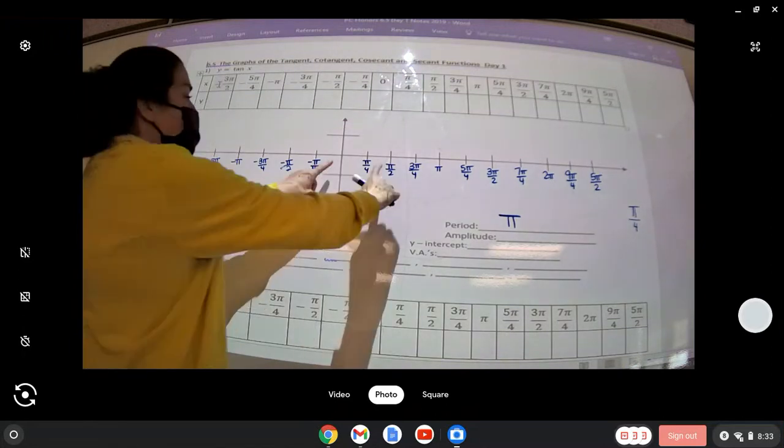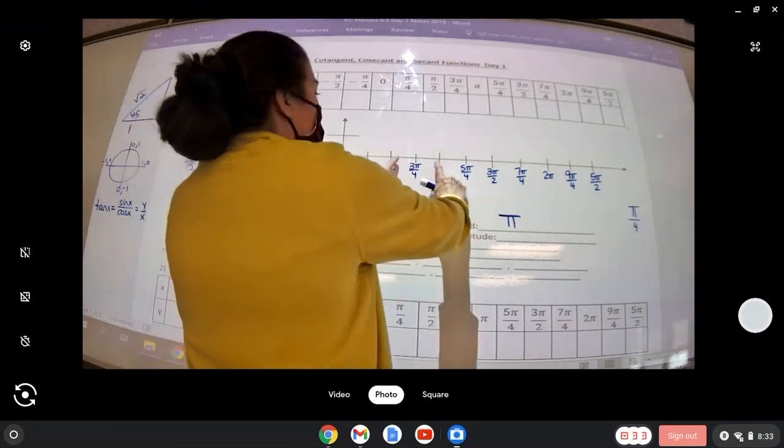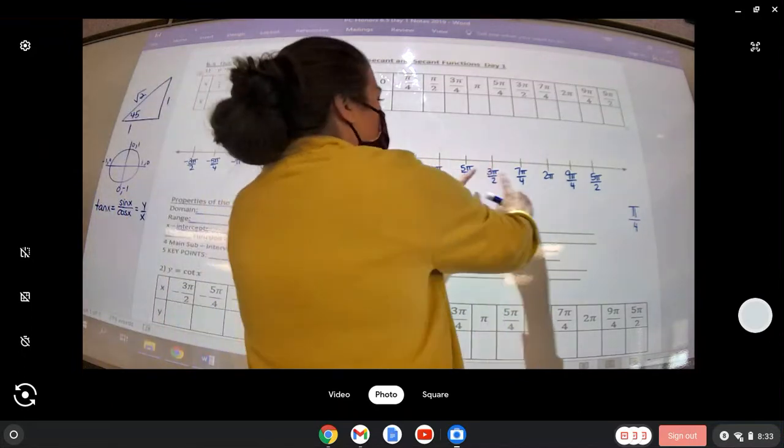So now, here are your quadrant 1 angles, here are your quadrant 2 angles, your quadrant 3, and your quadrant 4, and so on, right?